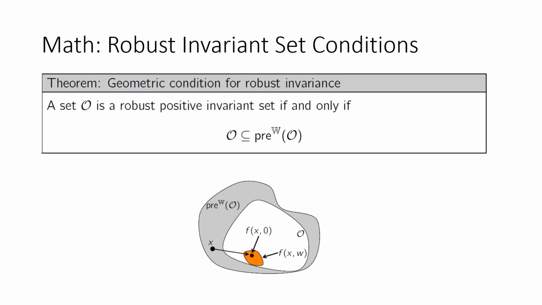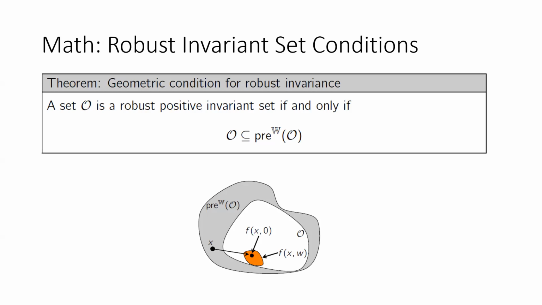And this is how a robust invariant set, or any type of invariant set, is computed: using the combination of the preset and the current set. Remember the definition of the robust invariant set is that if you are currently in the set, your next step could not go outside the set given any W value.